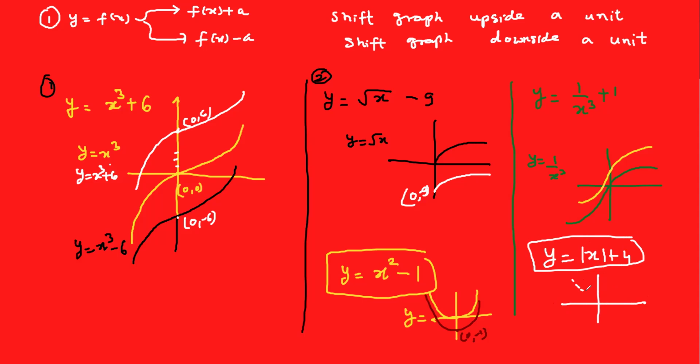This is mod x, and this is plus 4. 0 comma 4, right? Understood? Note this first type and write the examples also.